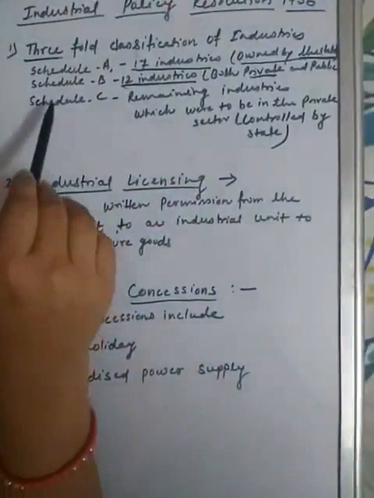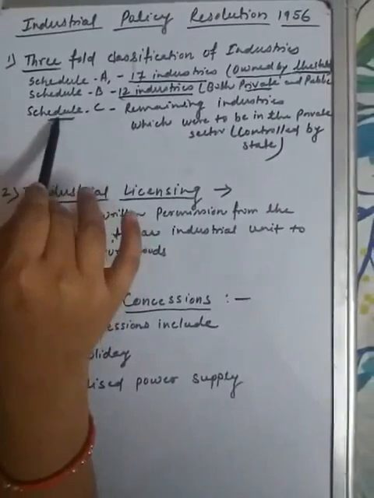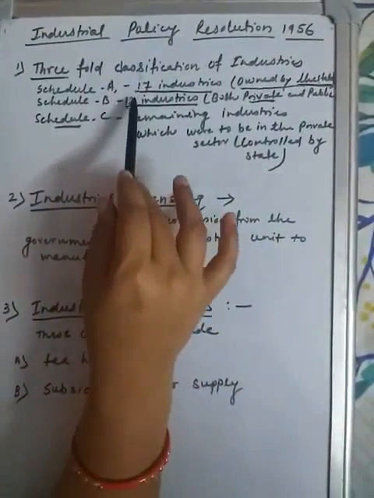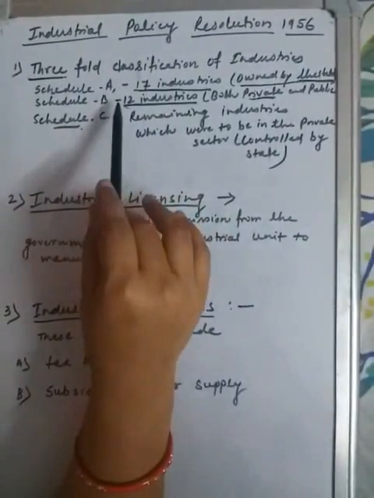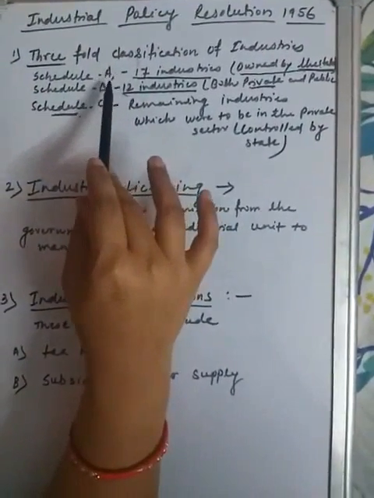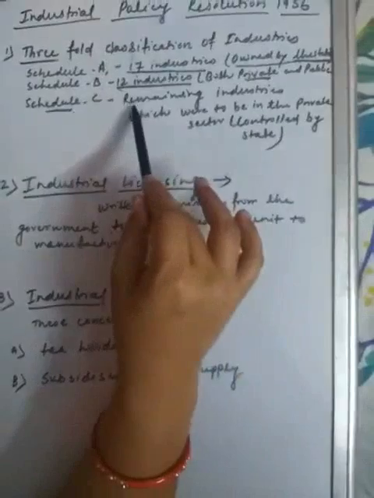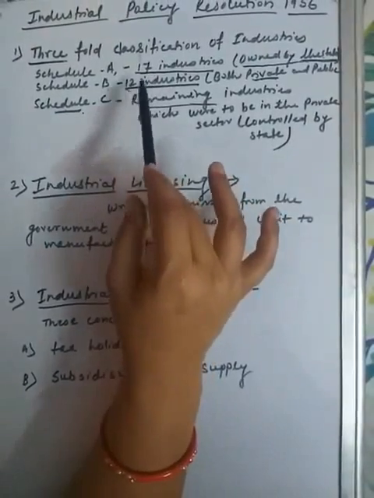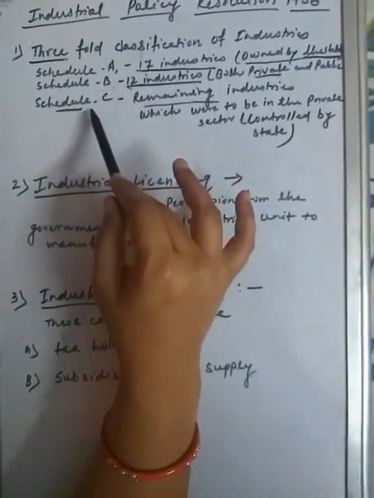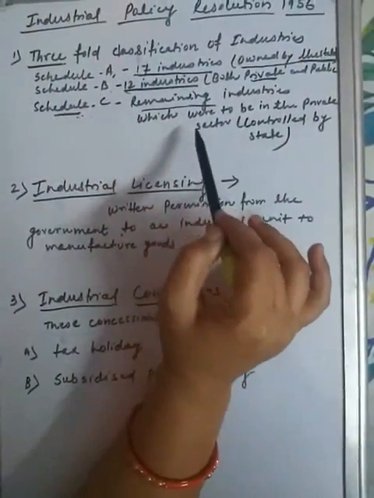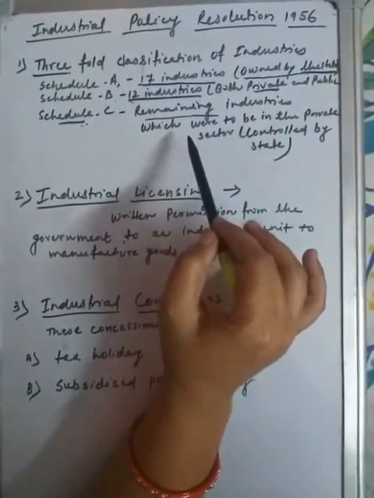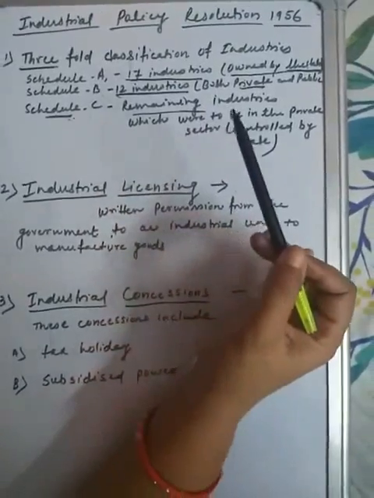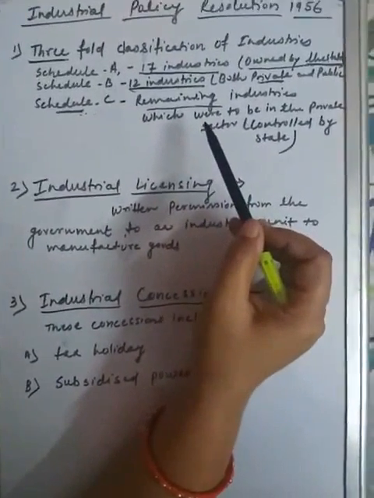And then Schedule C. Those industries were taken into Schedule C which were left out of Schedule A and Schedule B. The remaining industries, those not under consideration of Schedule A or Schedule B, came into the category of Schedule C. This schedule consists of the remaining industries which were to be in the private sector.